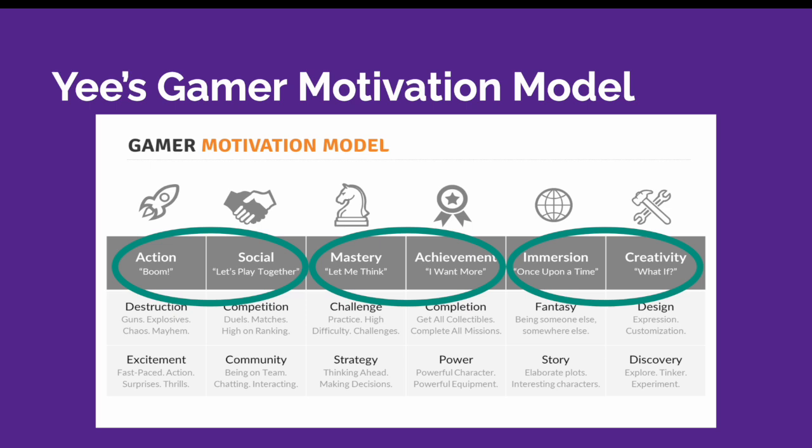So action-social do correlate to some extent, not in all cases, certainly not for all individuals, but statistically in an overall population of gamers, yes, they do. But if you have a high-ish action-social score, that really doesn't predict at all what your immersion-creativity score will be. Could be high, could be low.